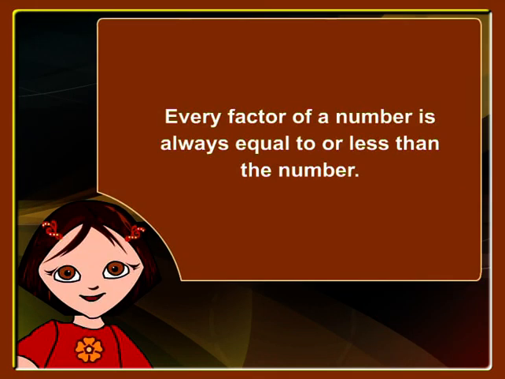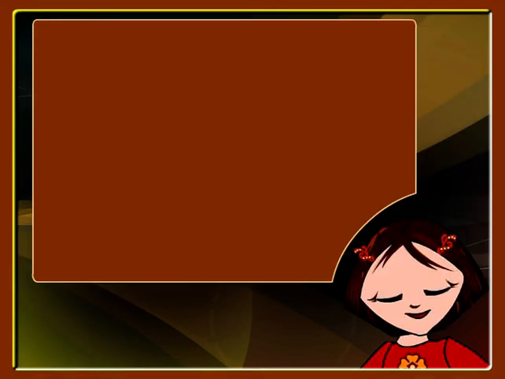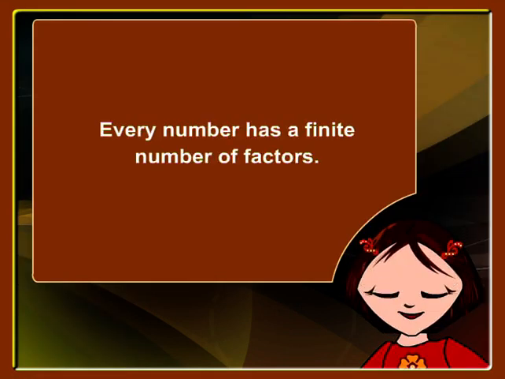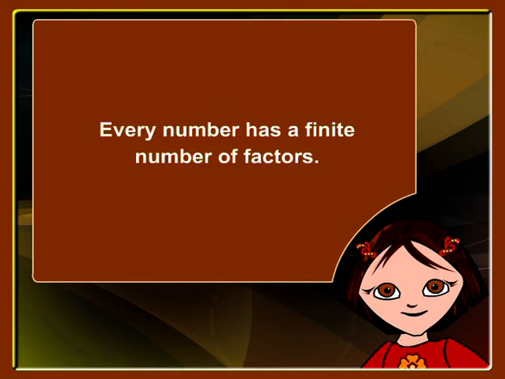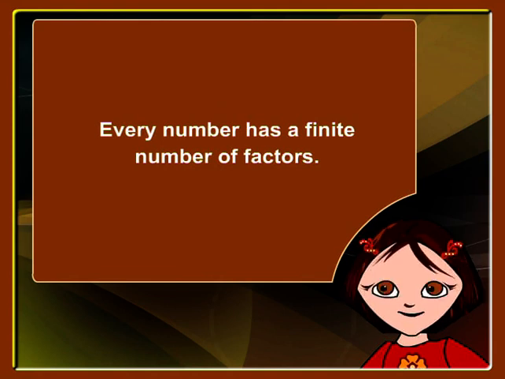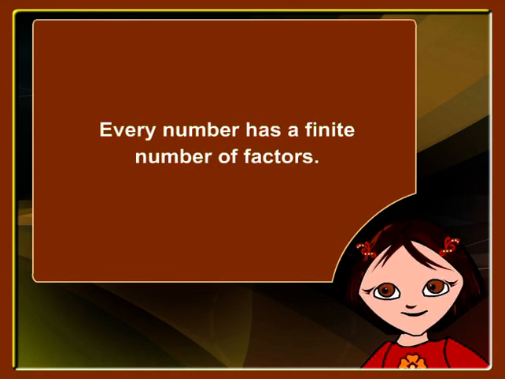Every factor of a number is always equal to or less than the number. Remember the examples again. Every number has a finite number of factors. Yes, this is true for very big numbers as well.